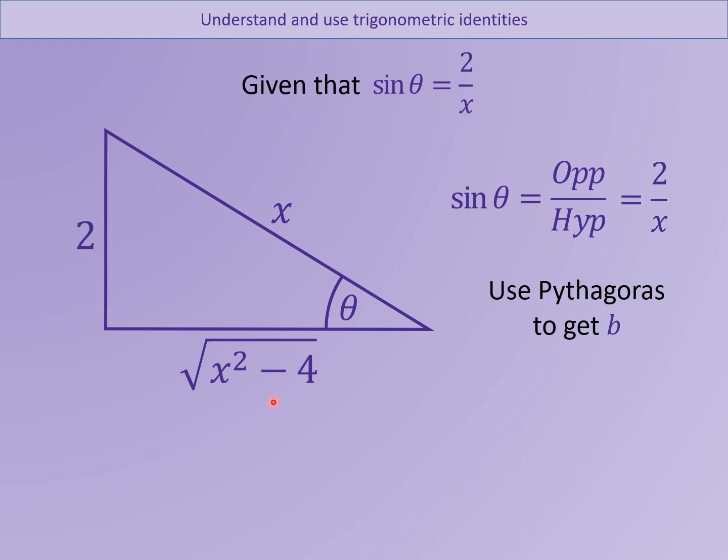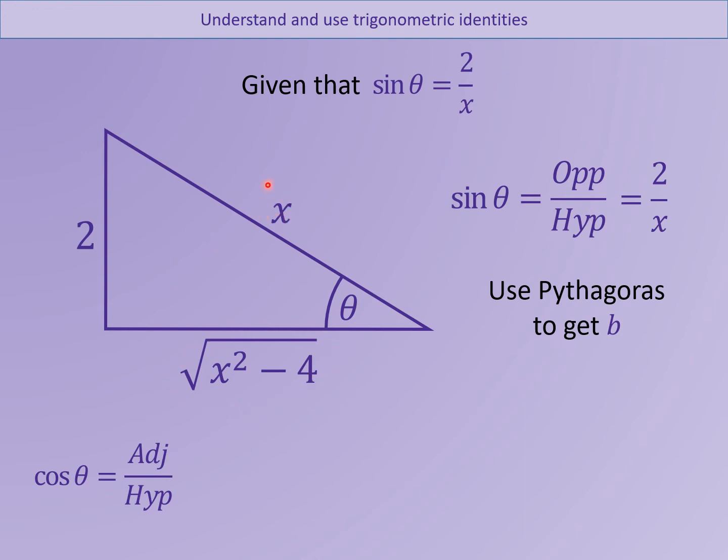And then as soon as I have my third and final side for my right angle triangle, I can then use SOHCAHTOA in order to get the values of cosine theta and also tan theta. So cosine theta would be adjacent over hypotenuse, which is this side. This is the adjacent side.